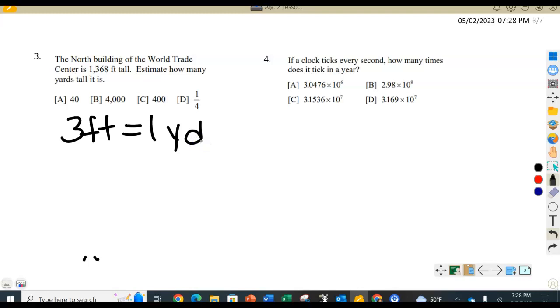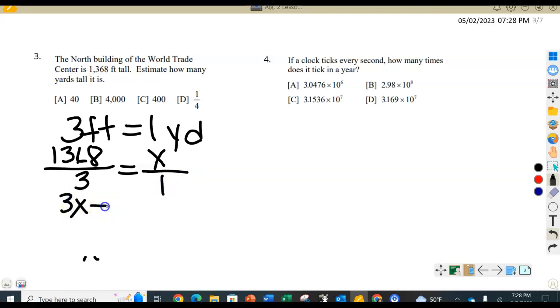So we're going to have 1,368 feet over 3 equals, estimate how many. It's going to be an estimate, so it's going to be close to this number, and then over 1. So we're going to have 3X equals 1,368. Divide both sides by 3.